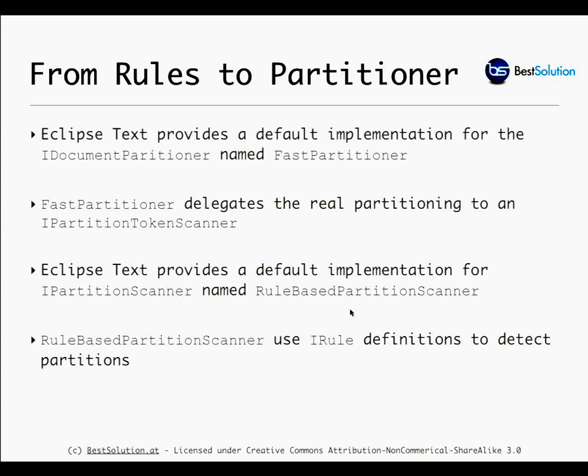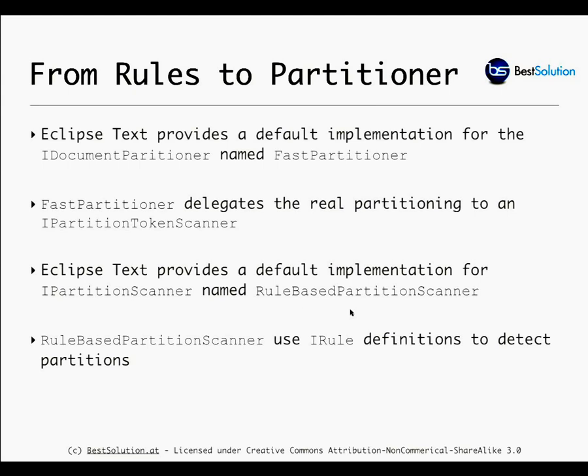So now it gets quite tough because we have the rules. Now we need to configure the partitioning, and this is stuff that I have on the slides, and I will go through it very quickly, because this is something that we are going to replace in the next step through a DSL. But this is what you need to know when you would set up Eclipse Text yourself.